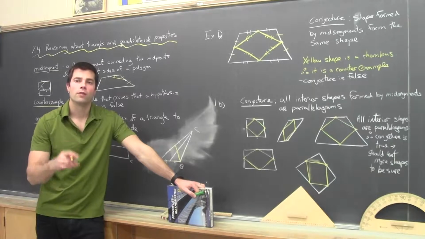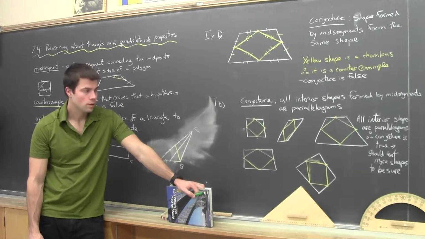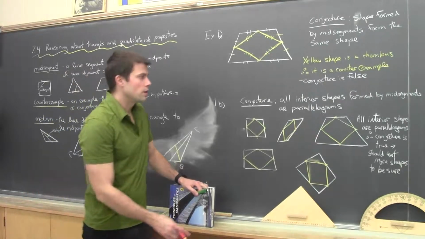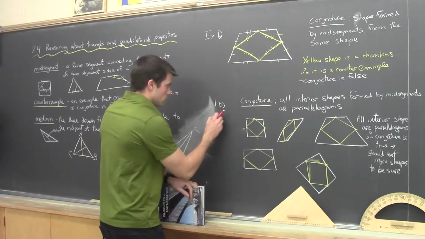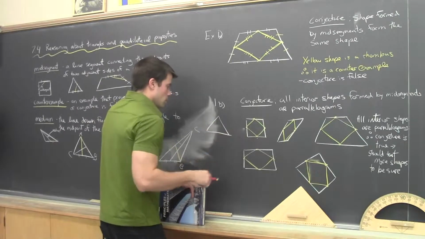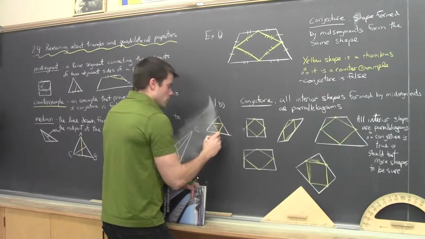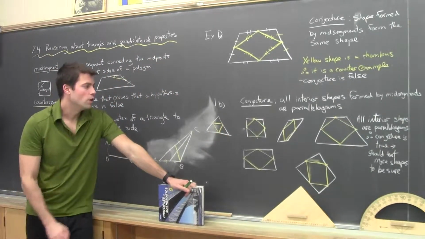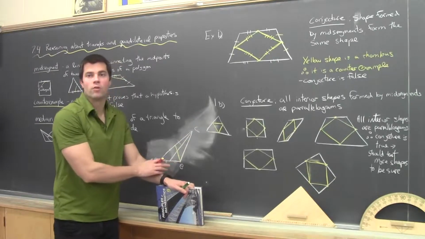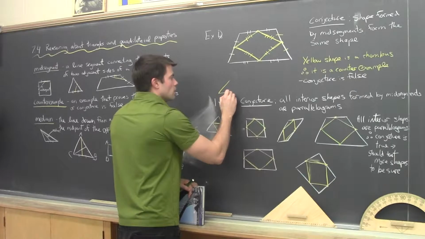What about a three-sided shape? Yeah, these are all straight. Let's see. Obviously if we join the mid-segments of a triangle, we don't create a parallelogram because we create another triangle, no matter what the triangle looks like.